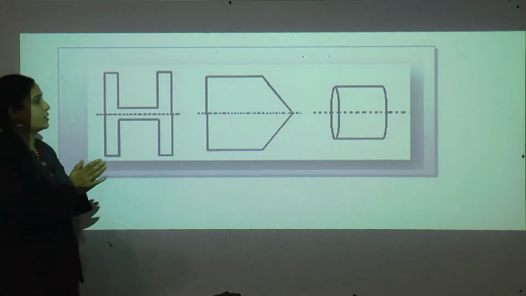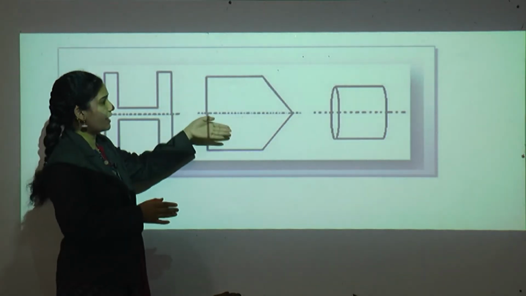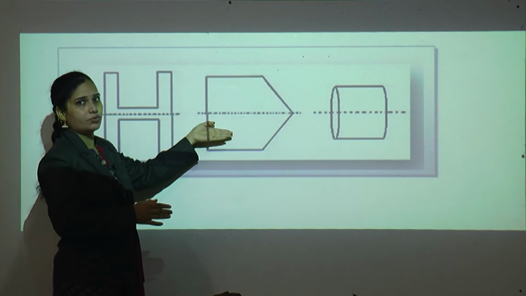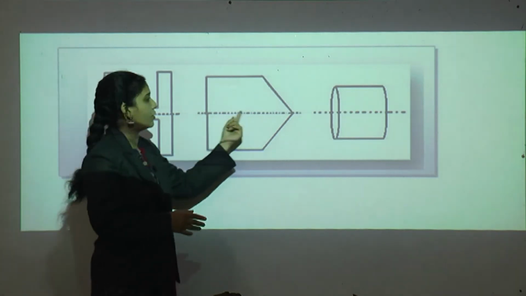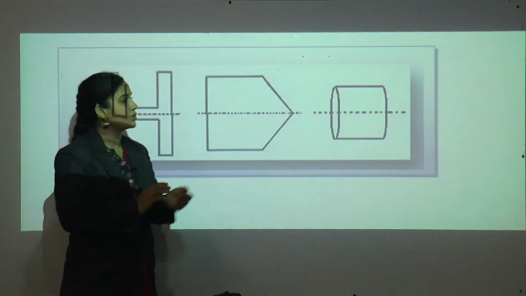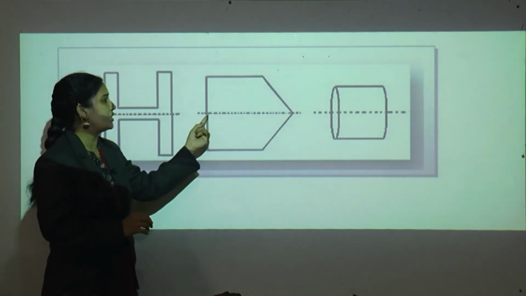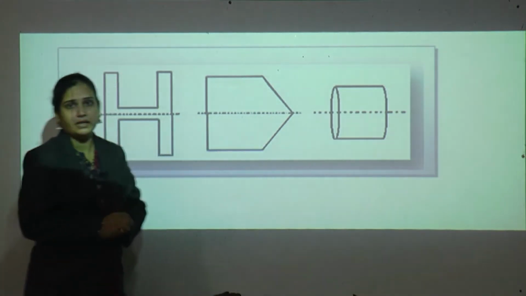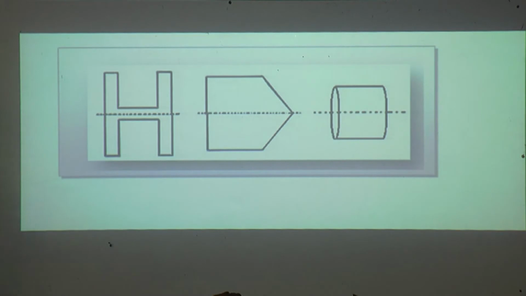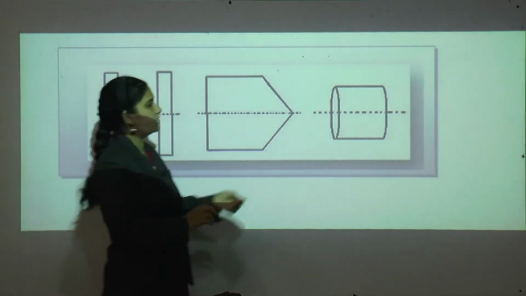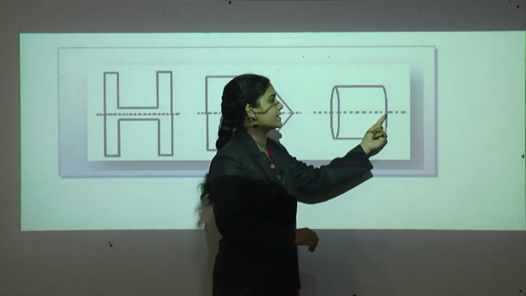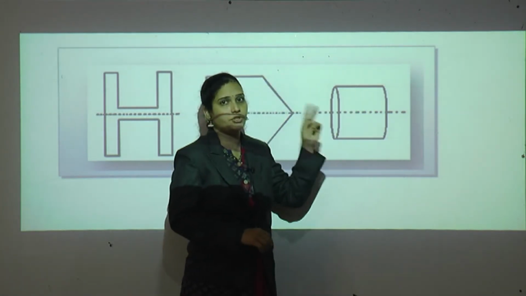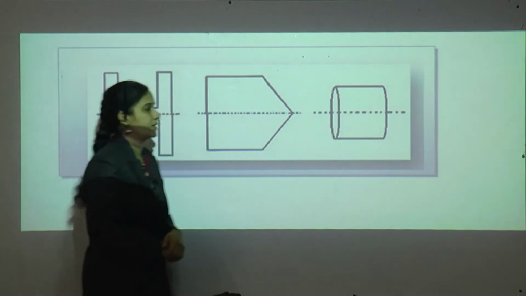Here also, this horizontal line divides the figure into two equal parts, so this is a horizontal axis of symmetry. Here also it is the same. This horizontal axis of symmetry divides the figure into two equal parts.